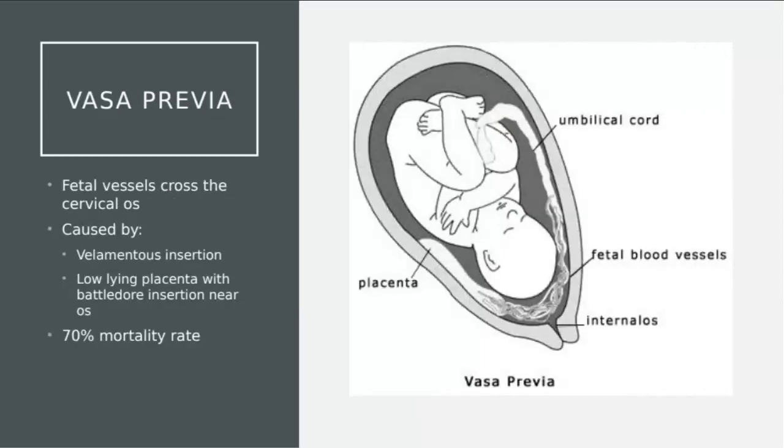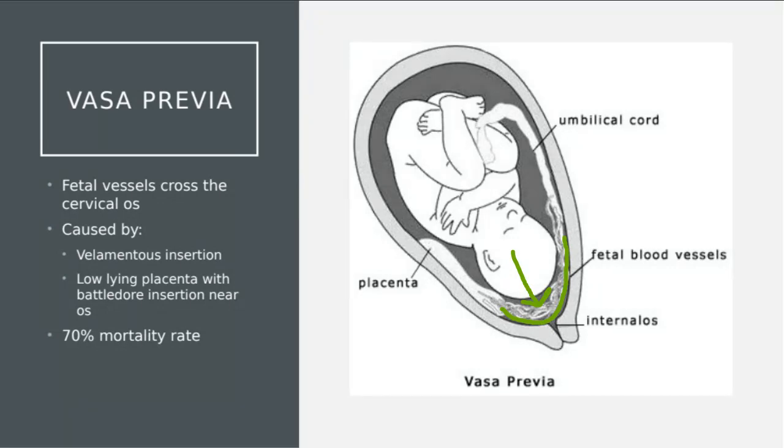Next, we have vasa previa. So this can kind of precede cord prolapse, where the vasa previa is the cord kind of crossing over the cervical os. You can see in that picture there that we have our umbilical cord crossing over the cervix before the baby would be delivered. So again, we need to be aware of where that cord is positioned. This is going to be caused by a velamentous insertion.